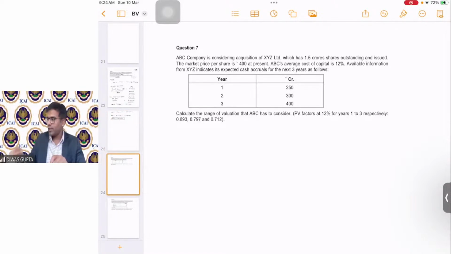Question number 7, students. ABC company is considering acquisition of XYZ Limited, which has 1.5 crores shares outstanding and issued.